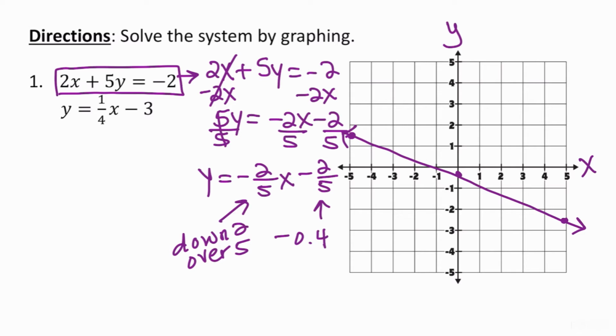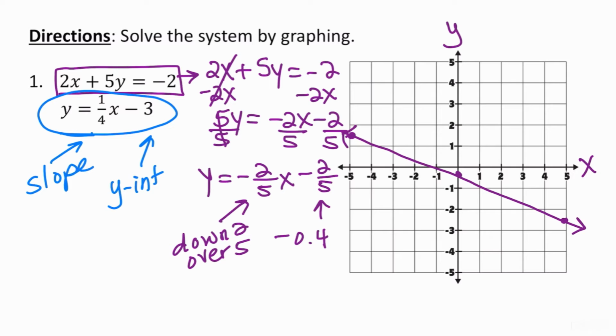Now I'm going to graph the second line. The second line is in slope-intercept form. The y-intercept is going to be -3 and the slope is +1 over 4. So that means I find -3 right here on the y-axis, and I'm going to go up 1 and over 4. 1, 2, 3, 4. Or I can go down 1 and left 4.